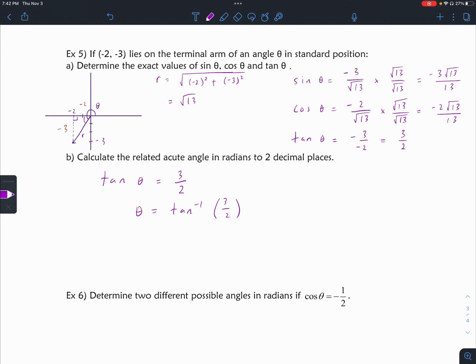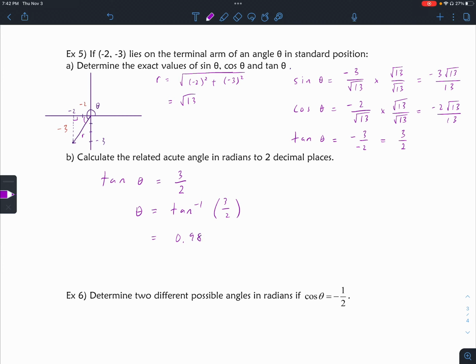So tangent inverse. Now what's important here is that the calculator has to be set to radians for this to work, for you to get an angle in radians. So make sure you set your calculator to radians first, and then you would key in tan inverse of 3 over 2, and that should give you 0.98 radians.